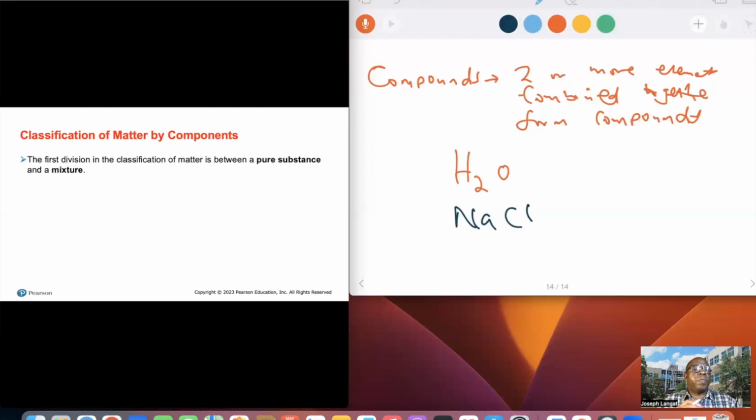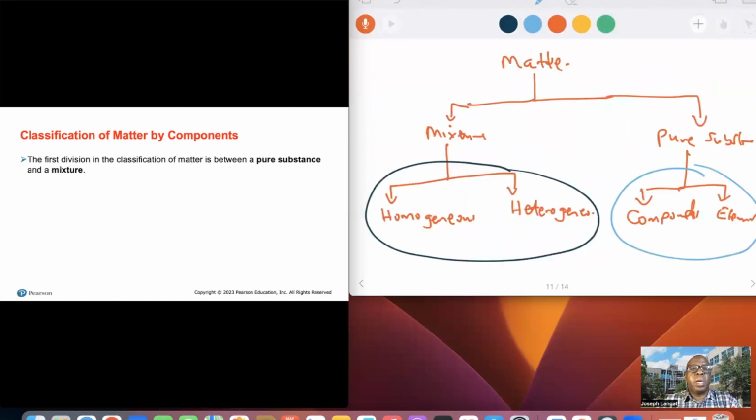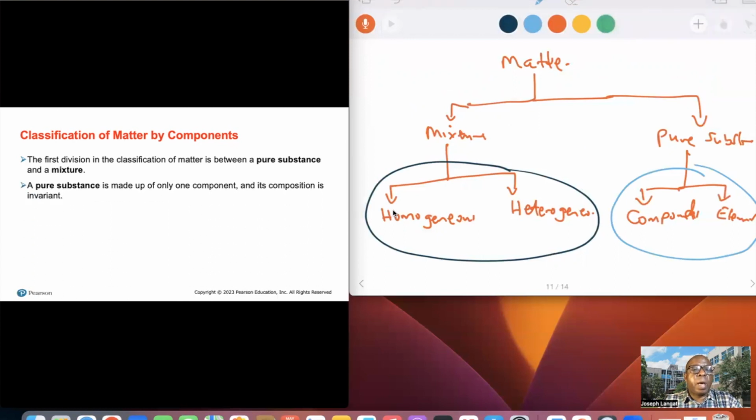So here is the first division in classification of matter between pure substances and mixtures. Pure substances are made up of only one component, and its composition is invariant. That means it does not vary. But mixtures vary.